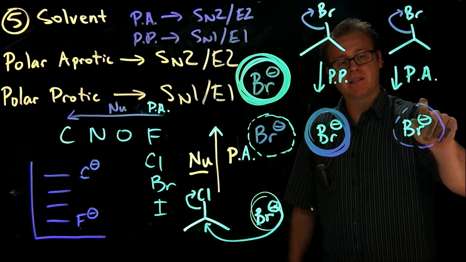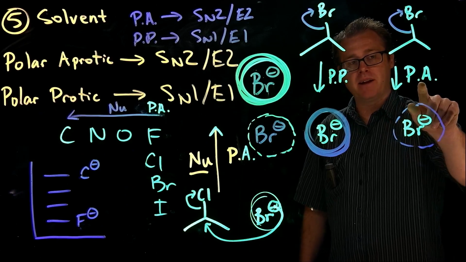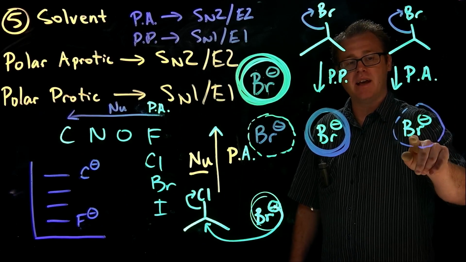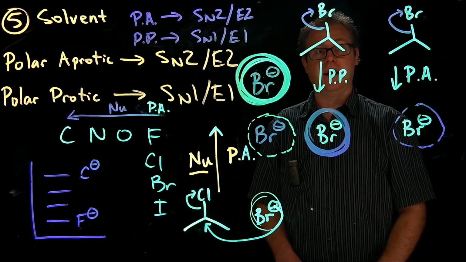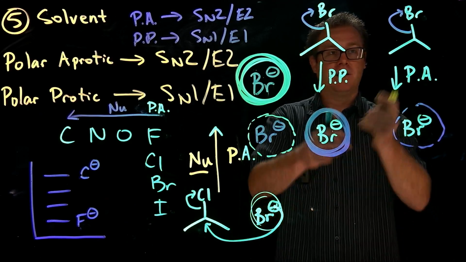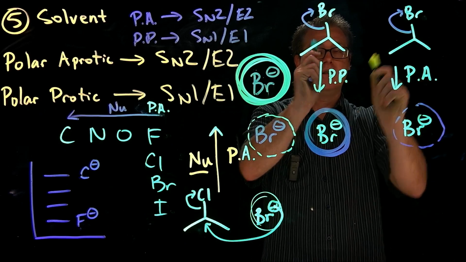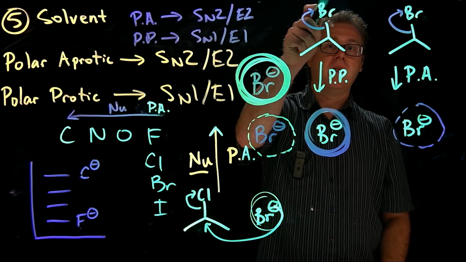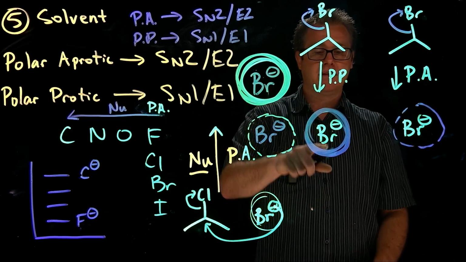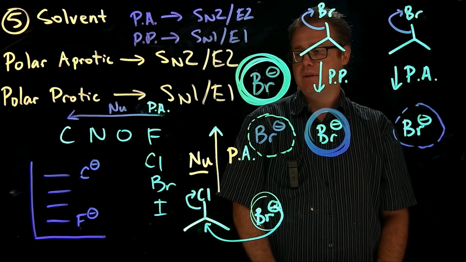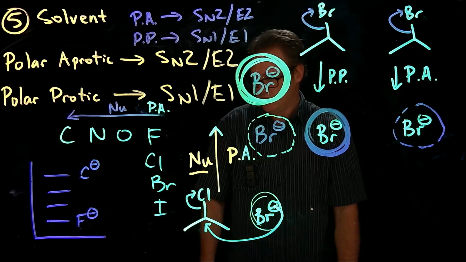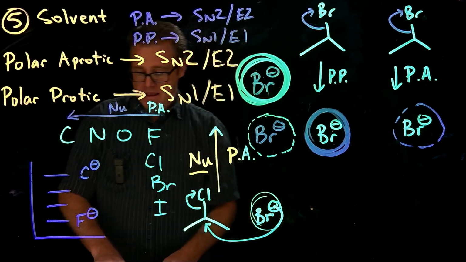This bromide isn't solvated very well because of the polar aprotic solvent, so that makes this guy higher in energy than that guy. And so when you compare these two scenarios, which one wants to leave better? This one, because it gets solvated more strongly and it's more stable. Isn't that cool?